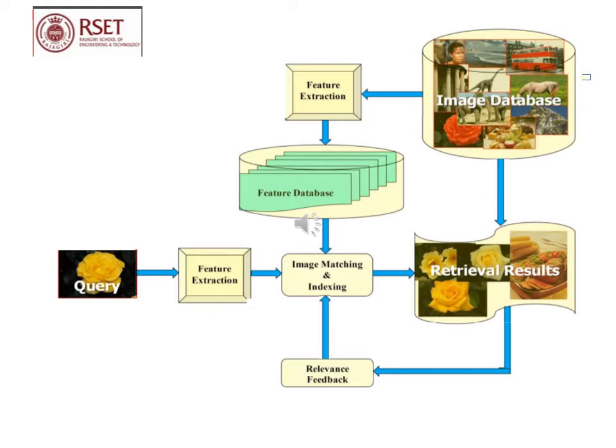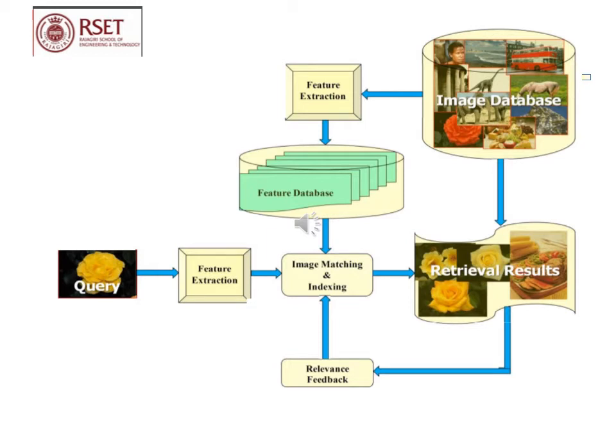In this situation, I need to apply a relevance feedback mechanism. Relevance feedback means there is some interaction between the user and the system. The user can mark whether an image is relevant or irrelevant.